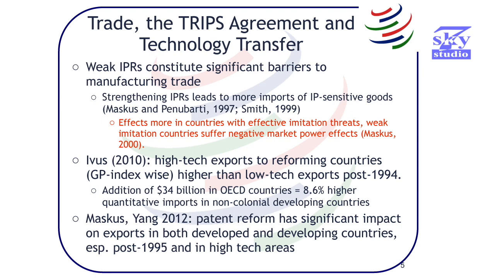We also see that this effect comes out more in countries with effective imitation threats. Why is that? Because obviously, if a company fears that the product is going to be imitated in a market, then it's going to prevent the product from being exported to that market unless there's effective IP protection.